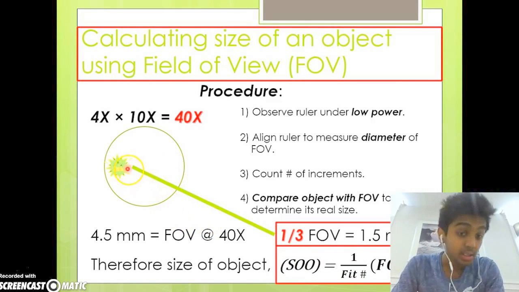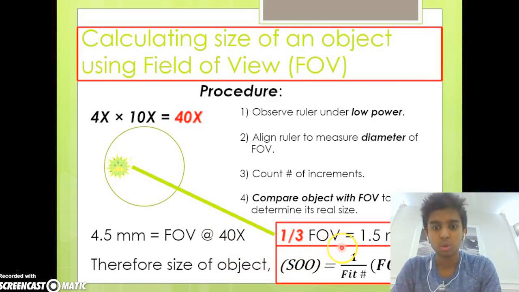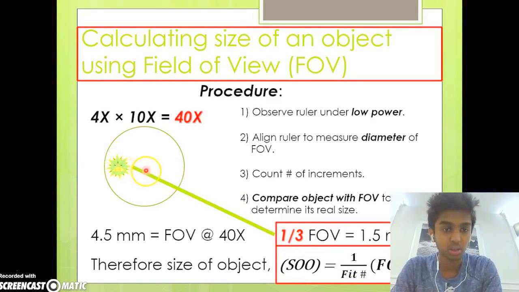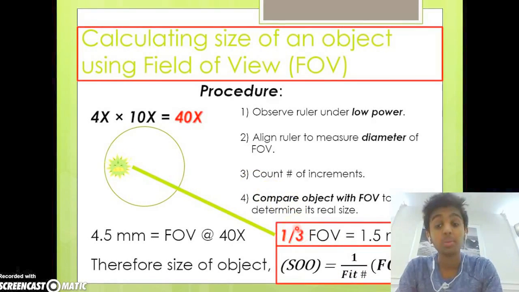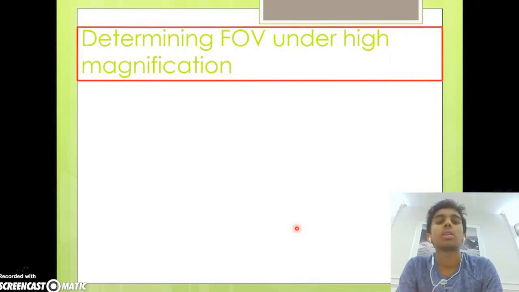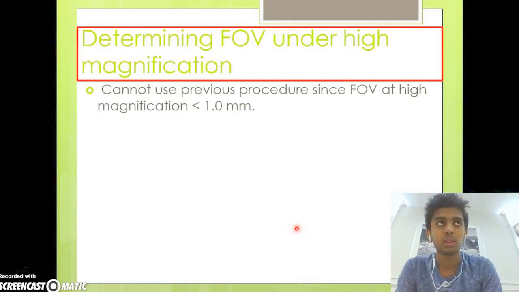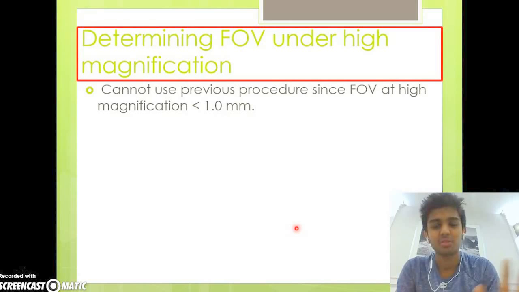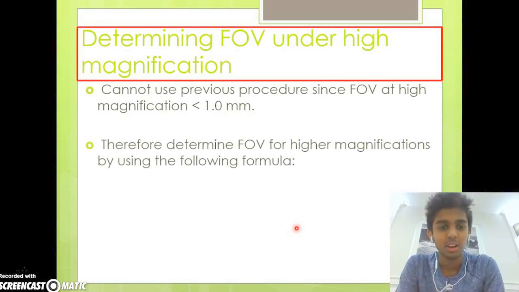So the size of the cell is 1 divided by 3, the number of times it fits, multiplied by the field of view.